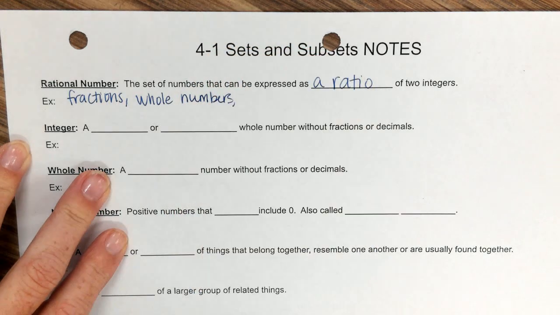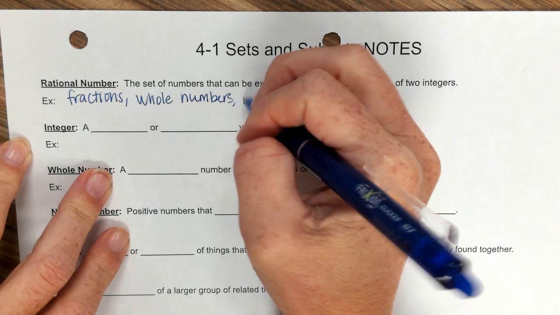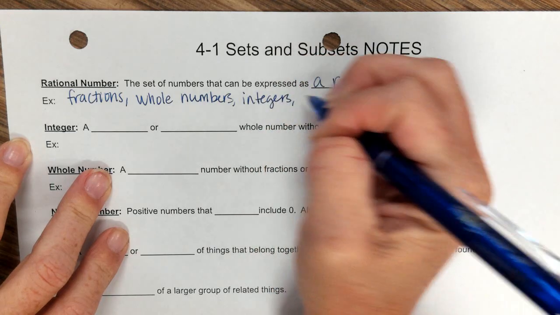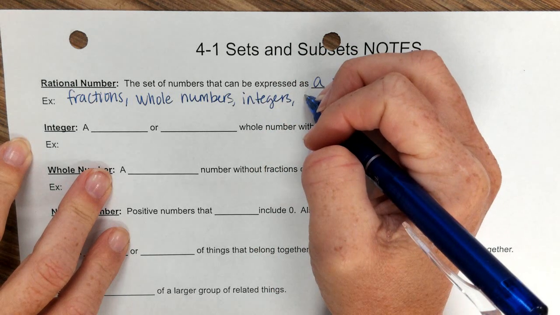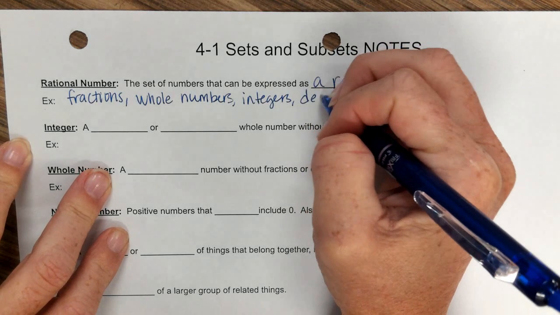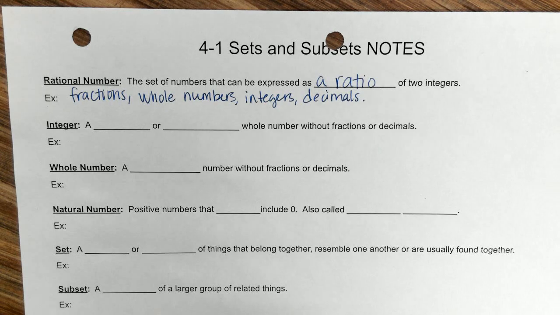How about integers? Can integers be expressed as ratios? -5 over 1. Yeah, so integers. And then the other one is repeating and terminating decimals. Can decimals be expressed as a ratio? So can 25 cents be expressed as a fraction? 1/4, yes.